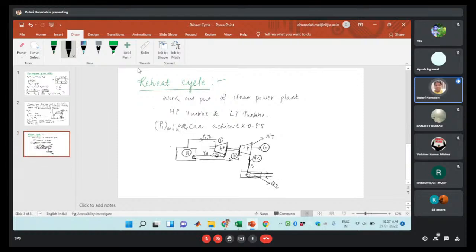Then the condensate will form and that will go out from the condenser at the point, let us take that is the 5. This is the point 5. Then there will be the compression process after the formation of the condensate. So that condensate will be compressed with the help of the pump to the pressure P1.